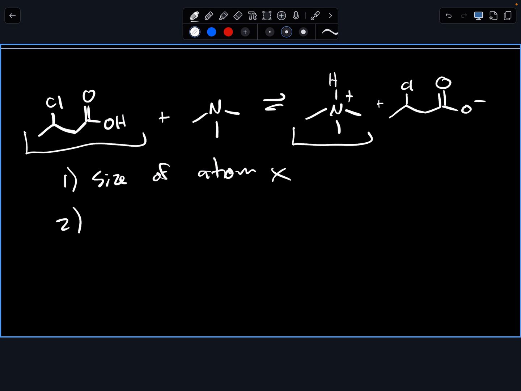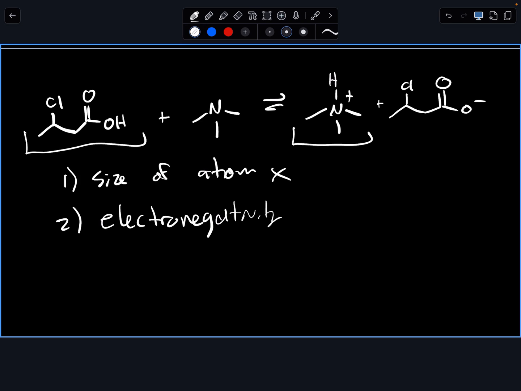Second, we look at electronegativity. What's more electronegative, oxygen or nitrogen? Oxygen is more electronegative, so charges prefer to be on oxygen compared to nitrogen.